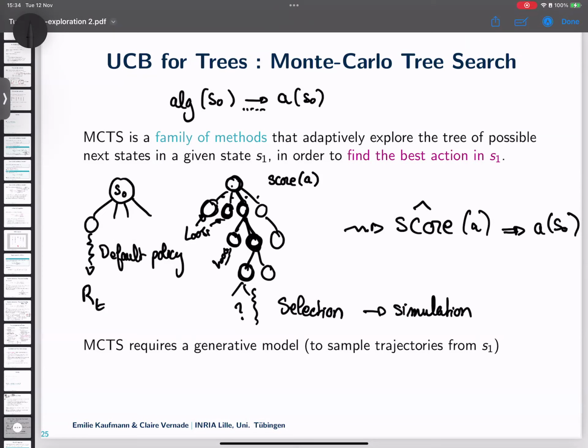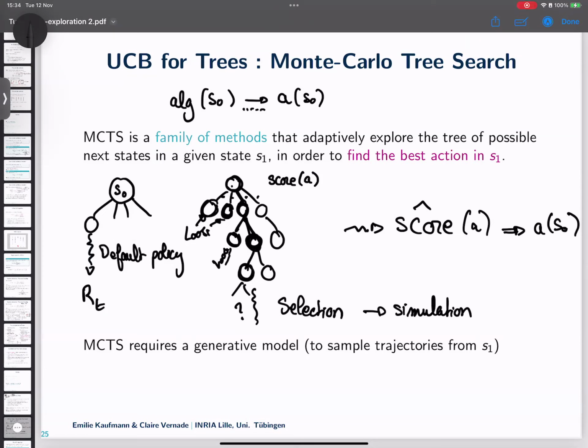And the question is, how do I decide which of these nodes I want to dig into? How do I decide what are the interesting paths inside the tree that could be the next game and that could lead me to win? I don't know if that's super clear to you, but at root node S0, this problem is a bandit problem.